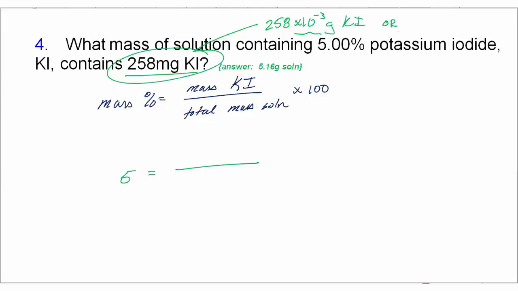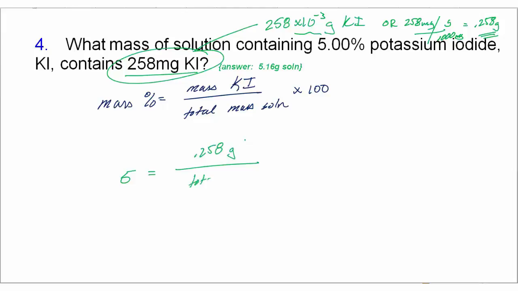Or you could work it out: 1,000 milligrams per gram, move it over 3 places, 0.258 grams. Either way you get the exact same answer. Let's use this one.